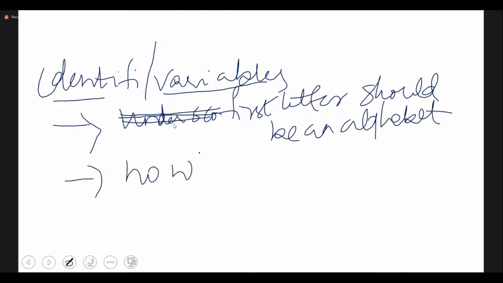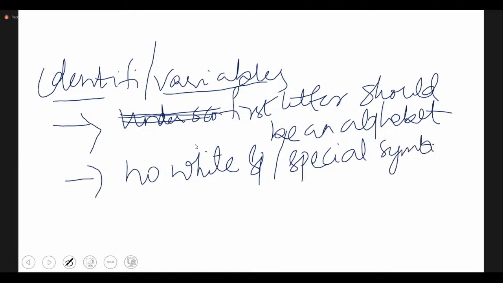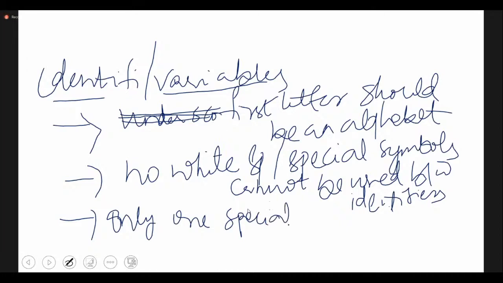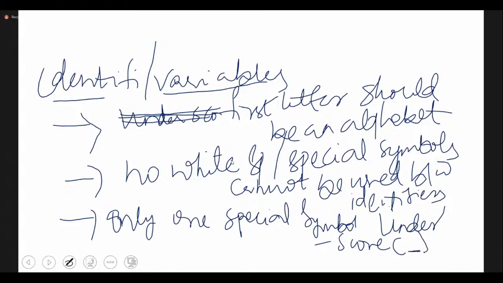No white spaces or special symbols cannot be used between identifiers. Okay, and only one special symbol that is allowed as an identifier is underscore. One special symbol allowed in defining your variable names is underscore.